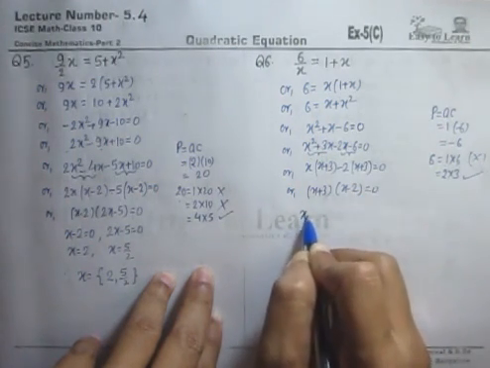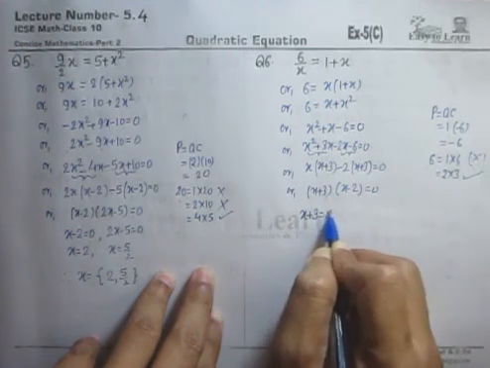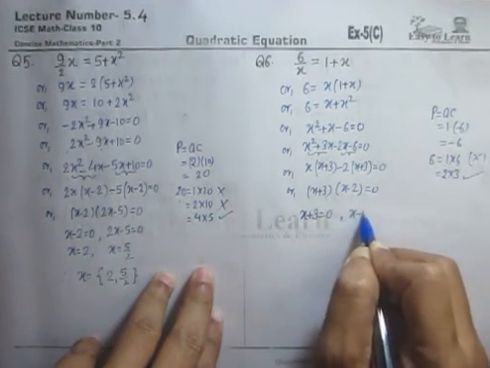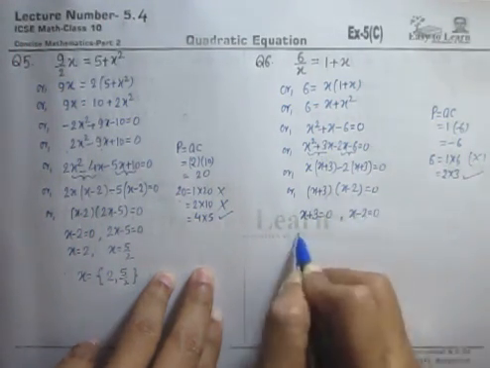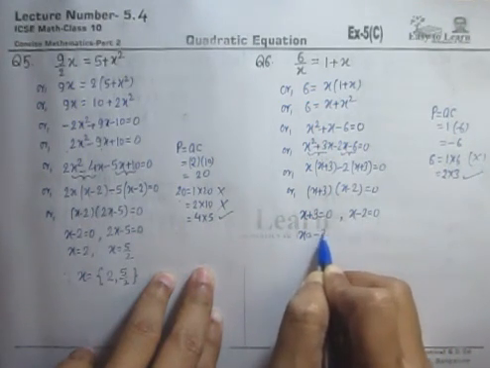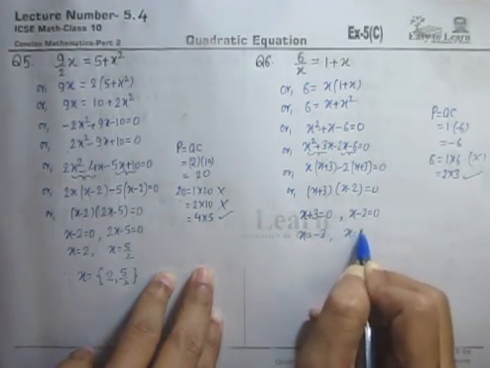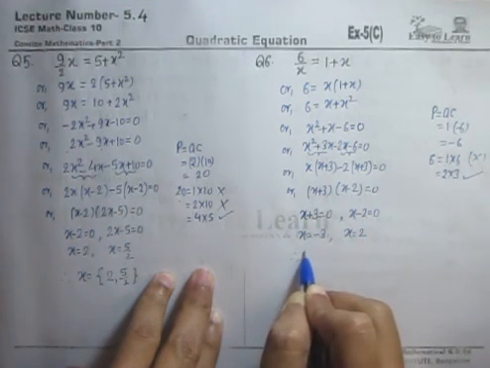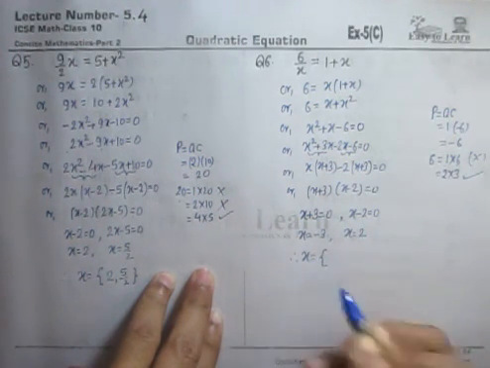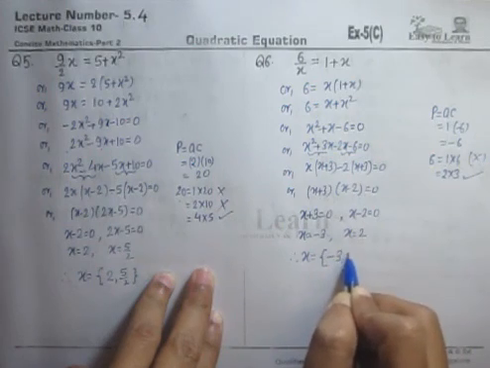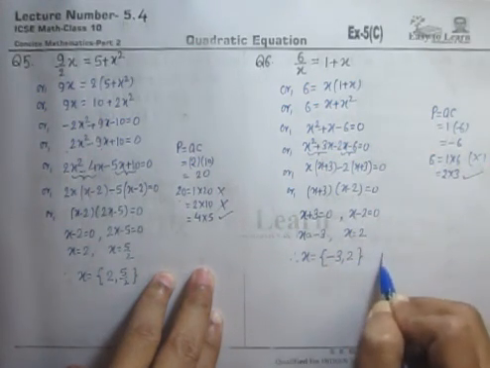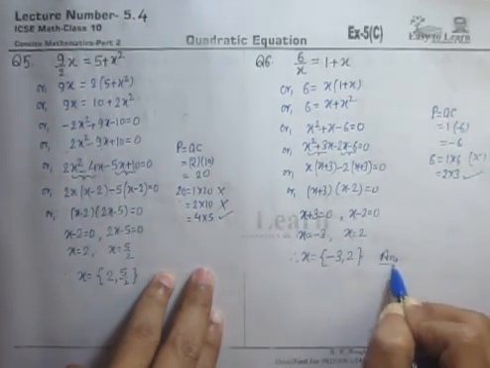So by the zero product rule, x plus 3 is 0 and x minus 2 equal to 0. So from here you will get x equal to minus 3 and from here x is equal to 2. So therefore the answer is x is equal to {minus 3, 2}. These are the two roots of the equation.